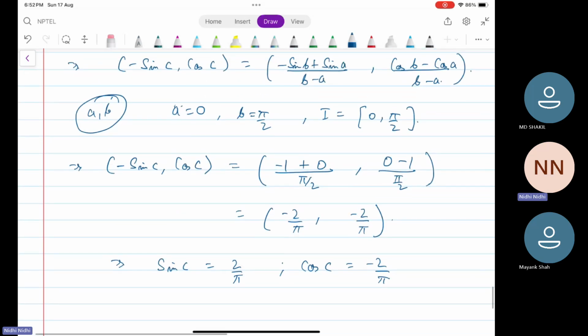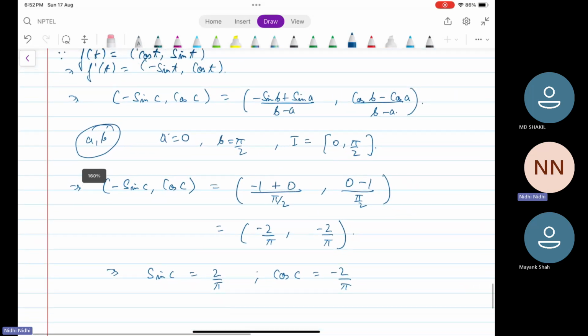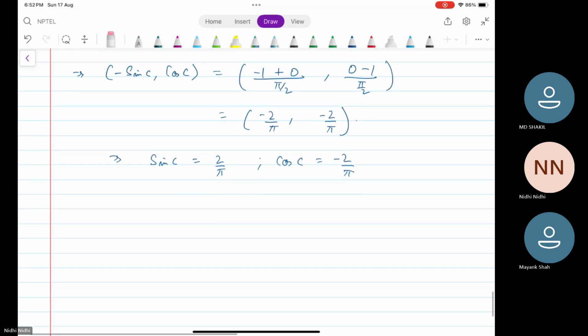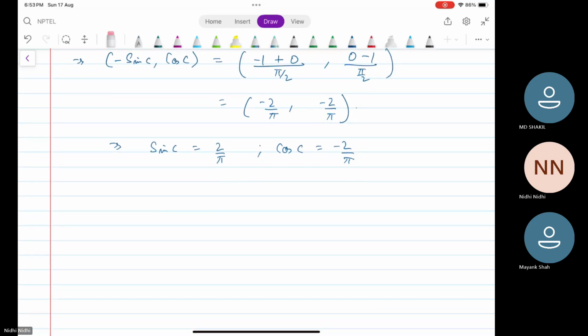Also, this c should lie in the open interval (a, b), that means from 0 to pi by 2, and in the first quadrant, the cos value is always positive. So by that also we'll get a contradiction. So we can take both the cases.